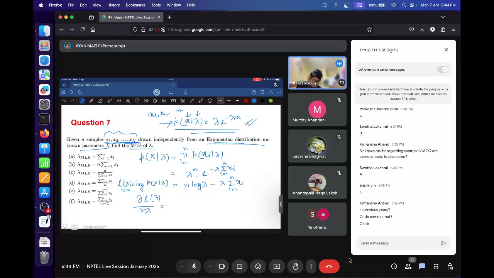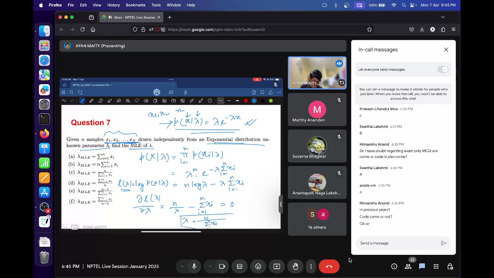So we take the derivative of this log likelihood with respect to lambda. It will be n divided by lambda minus summation over xi, i equals 1 to n, and then set this derivative value to 0 to find out the optimal value of lambda. Now we can rearrange these terms, and we will find that lambda is n divided by summation over xi, i equals 1 to n.